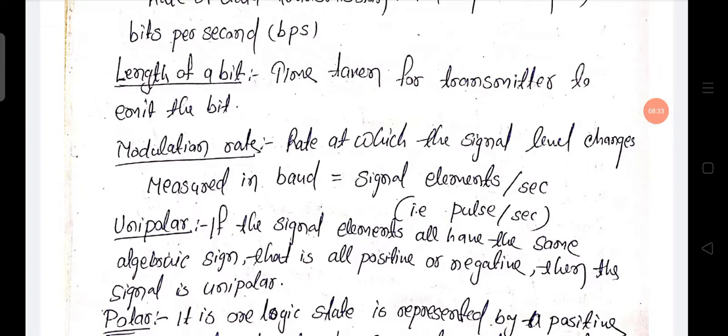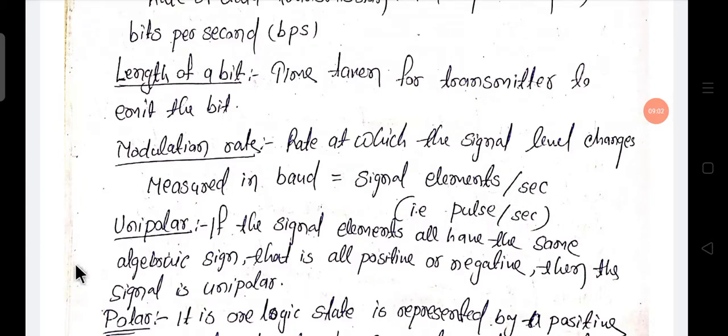We have already seen previously that in modulation the message signal is superimposed with the carrier signal. So the rate at which our message signal is changed is called modulation rate, and it is measured in baud, which is signal elements per second or pulses per second.